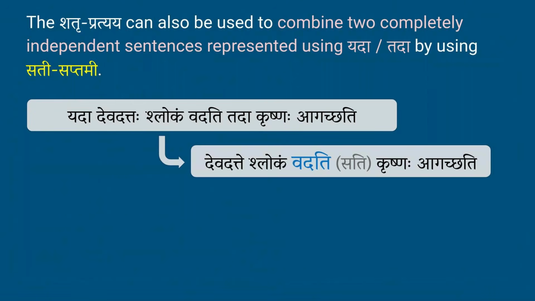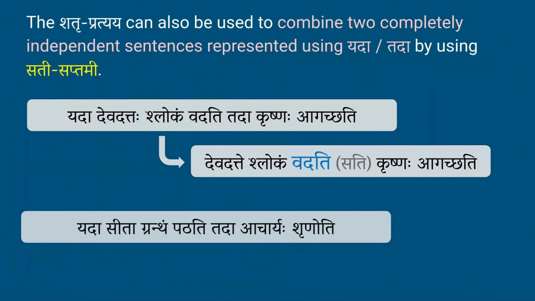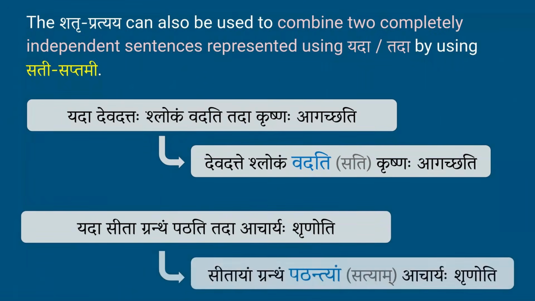It is important to note that in this transformation, the karta of the first sentence always goes in the Saptami Vibhakti because it is the Sati Saptami that is being employed over here. As another example, the sentence Yada Sita Grantham Pathati Tada Acharyaha Shrunoti can be rewritten as Sitayam Grantham Pathantyam Satyam Acharyaha Shrunoti.